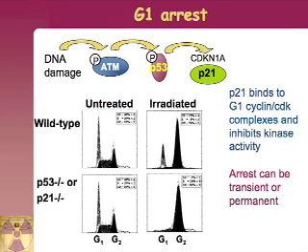But this protein, whatever name it's known by, binds to the G1 cyclin CDK complexes that are present in the cell and essentially inhibits the kinase activity. So that shuts the cell down in G1. It doesn't allow it to progress on, do the things it needs to do to keep moving further in the cell cycle. And this arrest in response to radiation can either be transient or permanent.